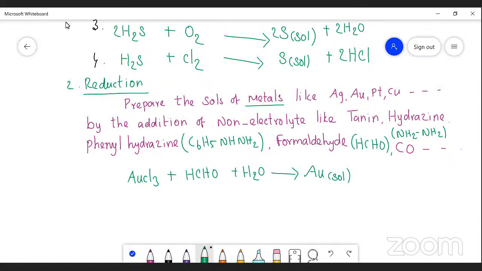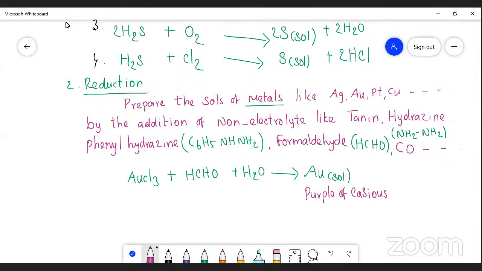And the gold salt is considered as the purple of Cassius. The purple of Cassius is nothing but the gold salt adsorbed on stannic hydroxide.